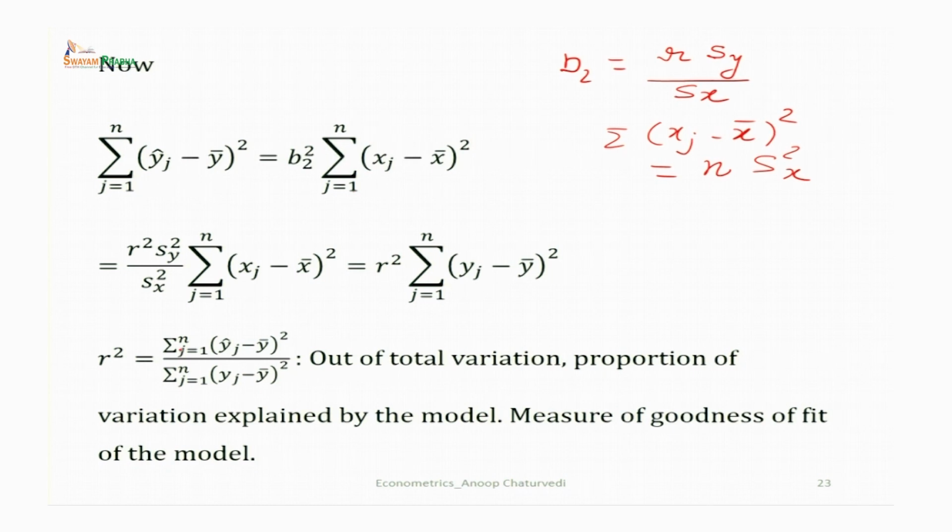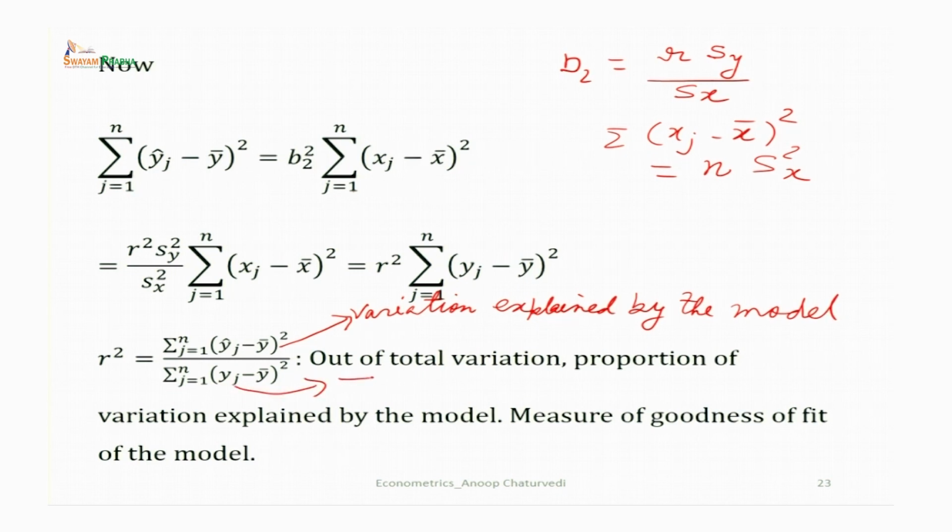Now, remember that this numerator is the total variation which is explained by the model, and this denominator gives you the total variation.